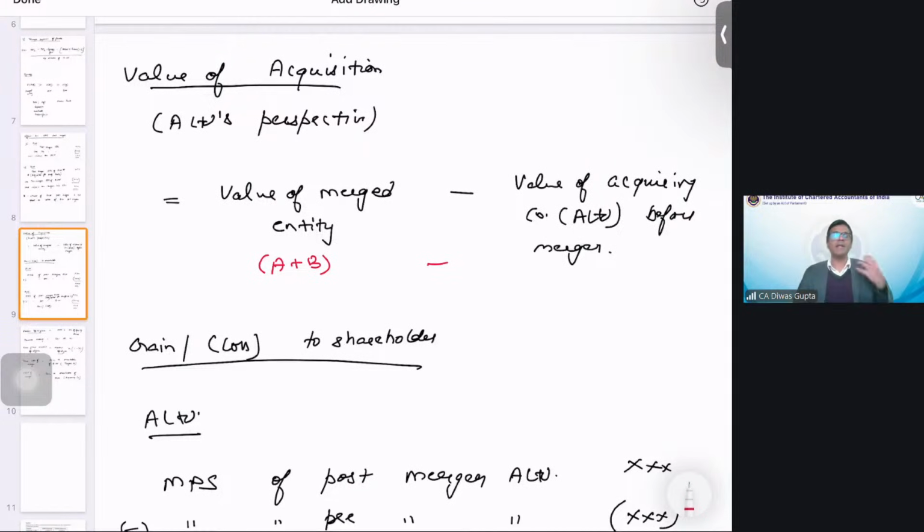That means this is the net value addition that has happened. For example, the market cap was 100 crore of A Limited. After acquiring, the market cap has become 120 crore. So 20 crore is the value of acquisition that will be considered from A Limited's perspective.